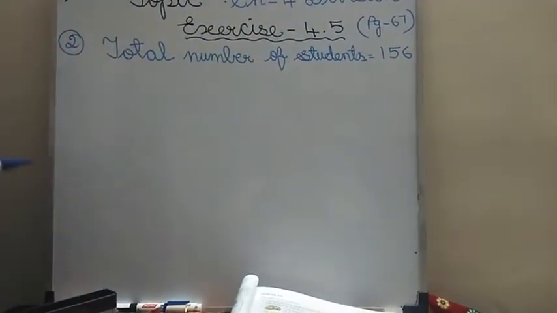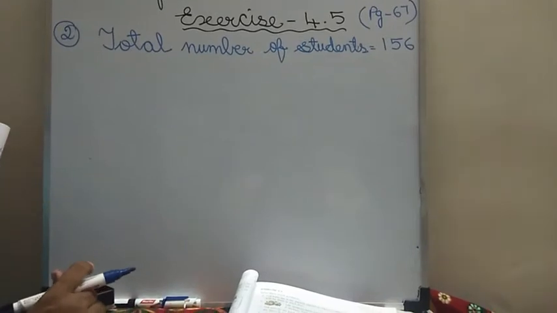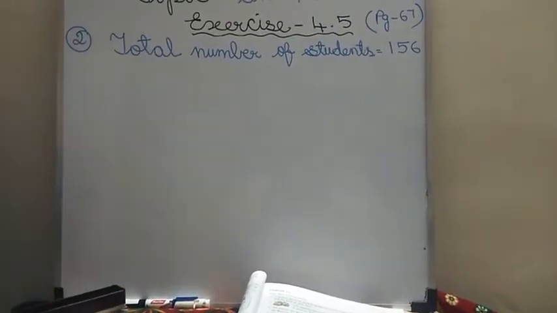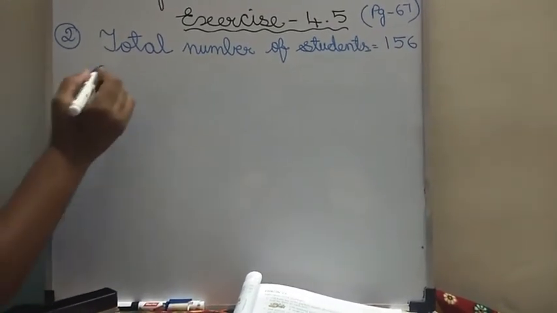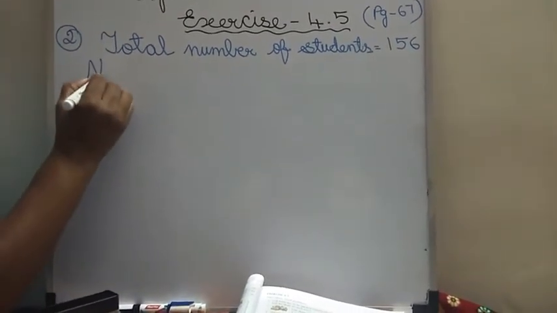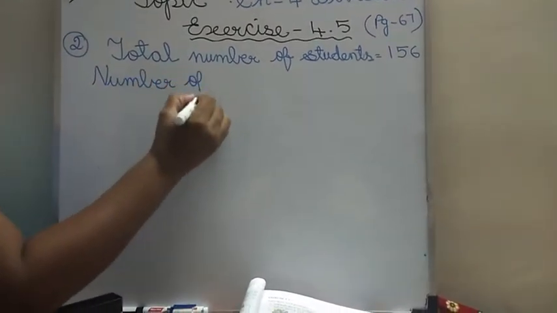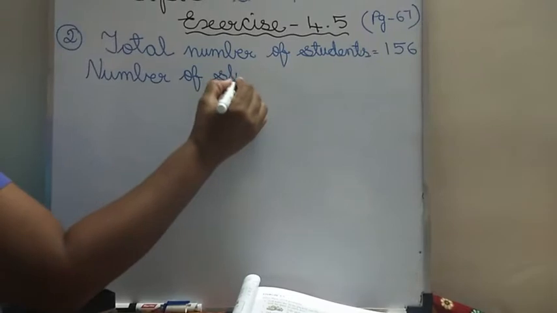And in one team, how many students are there? A team means one. Understood, children? So number of students formed in one team.